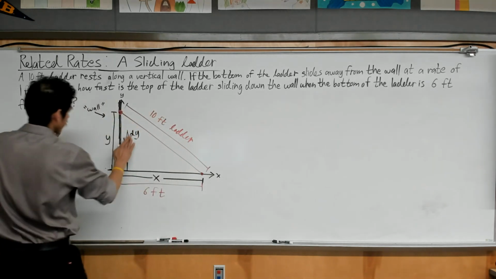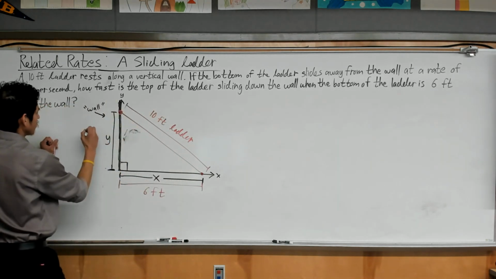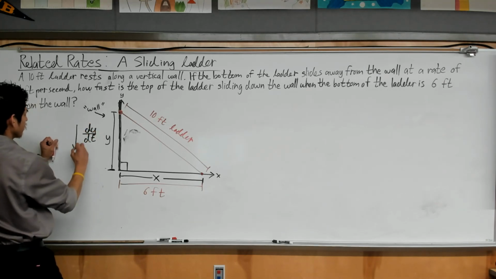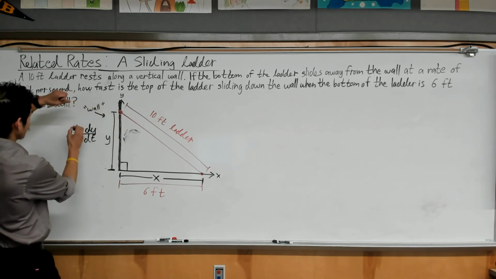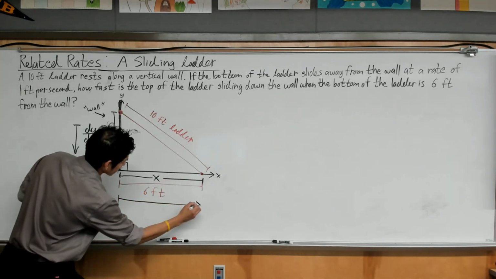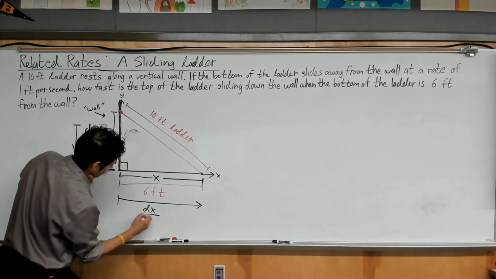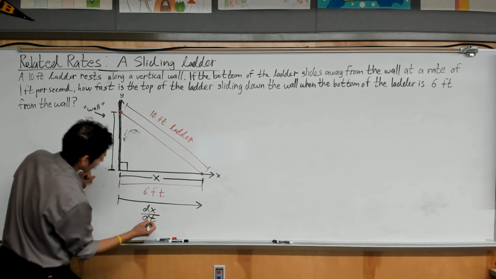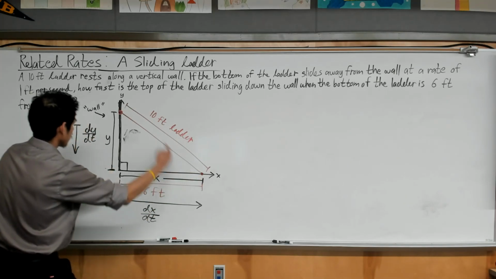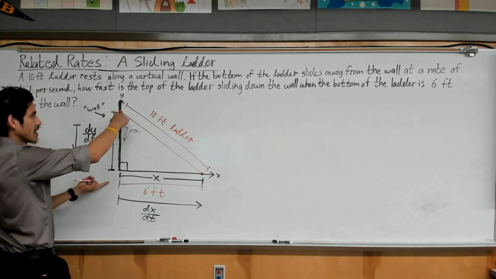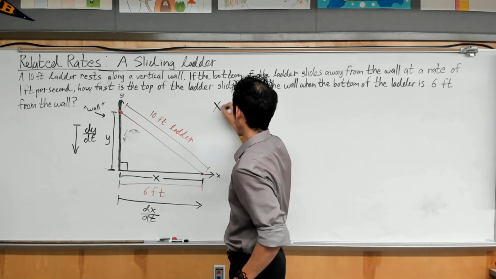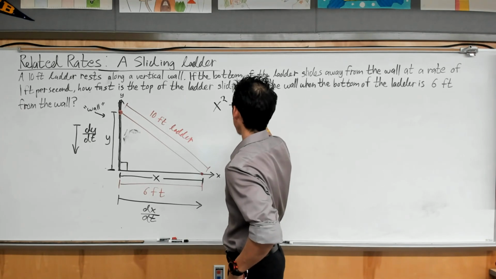Think of dy/dt as this length changing, and dx/dt as this length expanding. The way this length changes is in terms of x, and the way this length changes is in terms of y. It's getting shorter, and this is getting longer. They're all related by the popular equation, x squared plus y squared equals 10 squared.